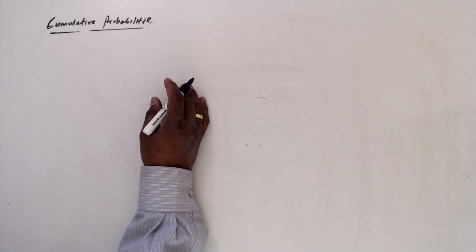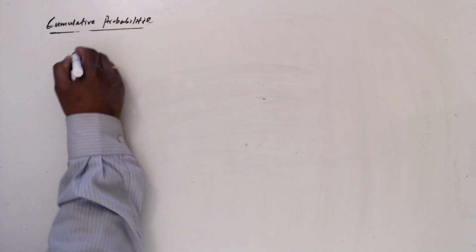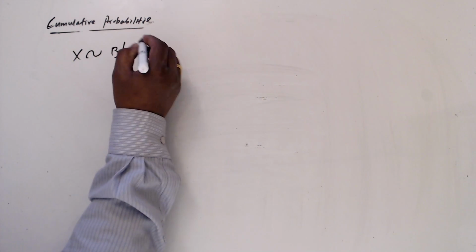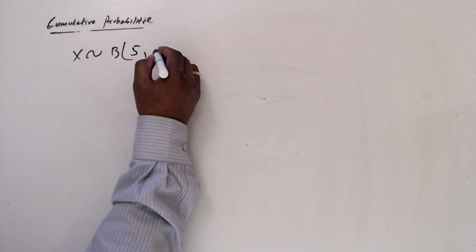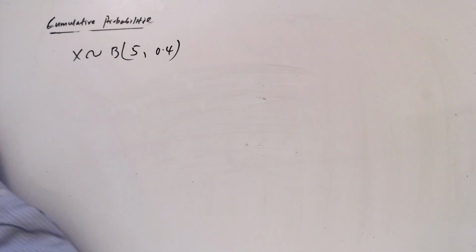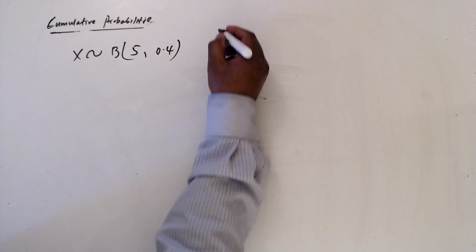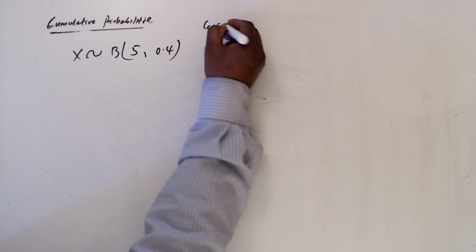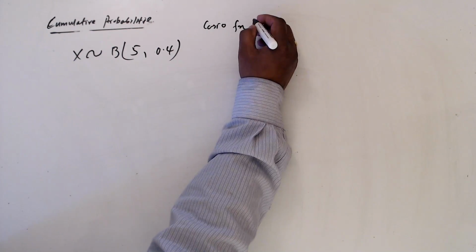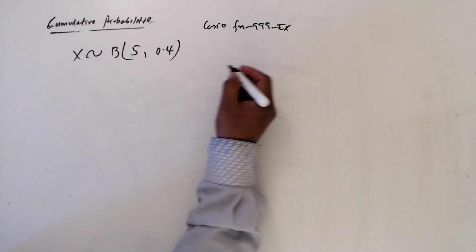Let's discuss how to find the distribution with the calculator. We work out n = 5 and p = 0.4. You can do this by the calculator, Casio fx-991EX.